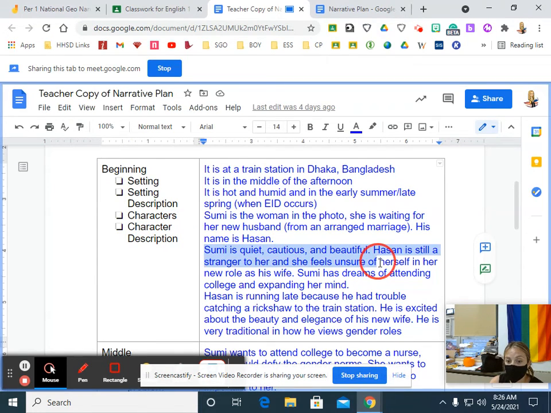I described the first character as Sumi. Then I described the character that you can't see in the picture, who is her new husband. And I gave a little background on why they were at the train station. This is from my research. This is from my imagination.